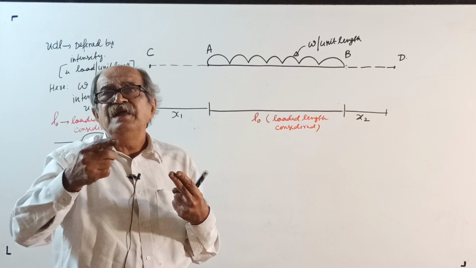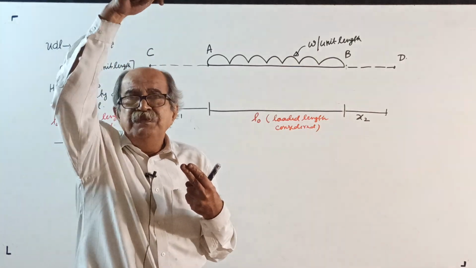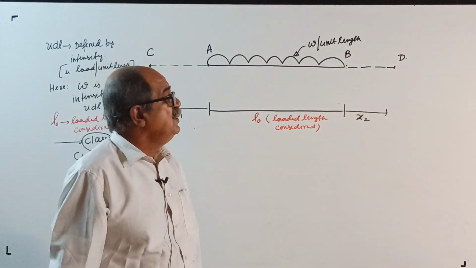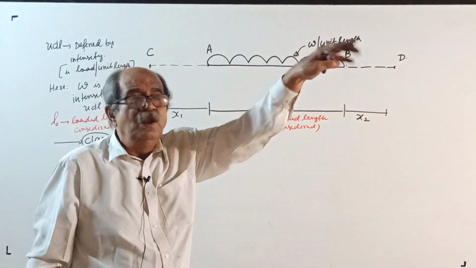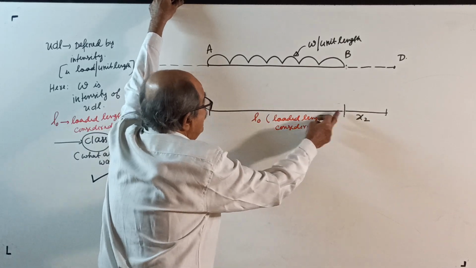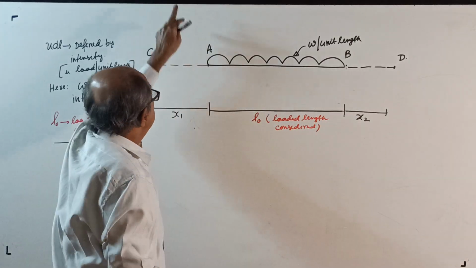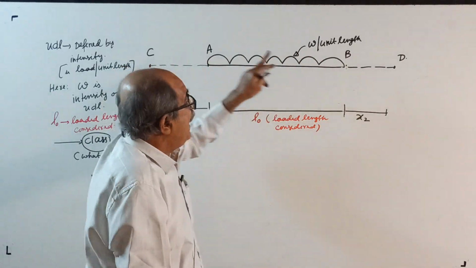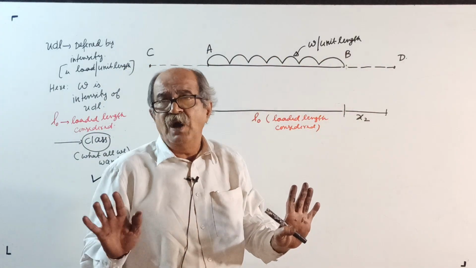Line, we have to locate line of action of the total load, 3. Also we want moment of the total load for entire loaded length L0 about A, B, C and D. This is what we want.